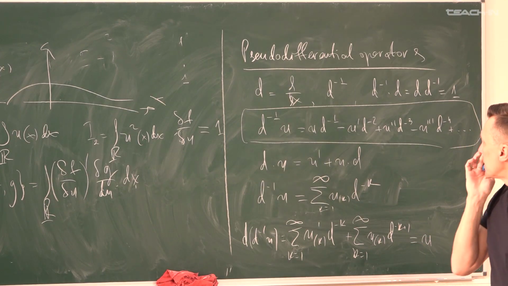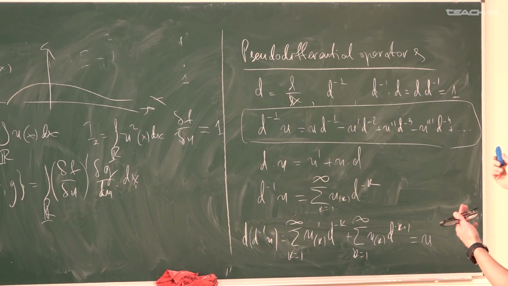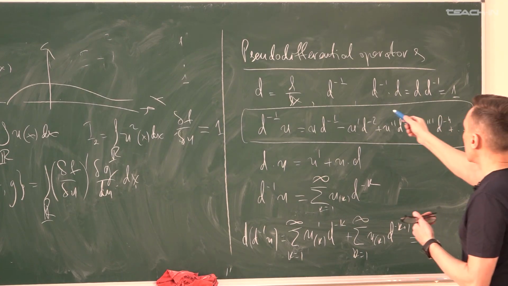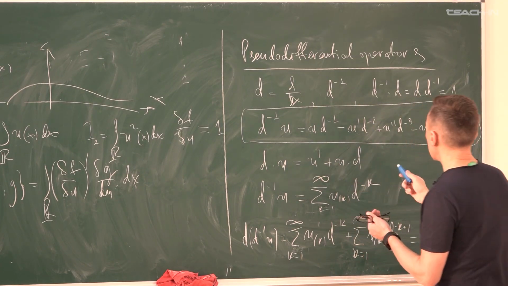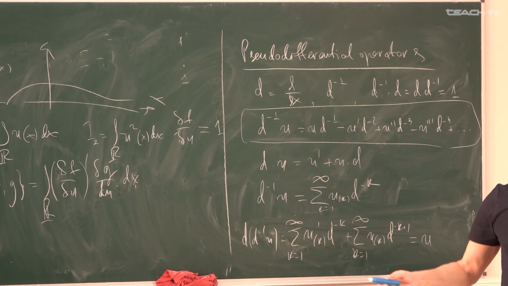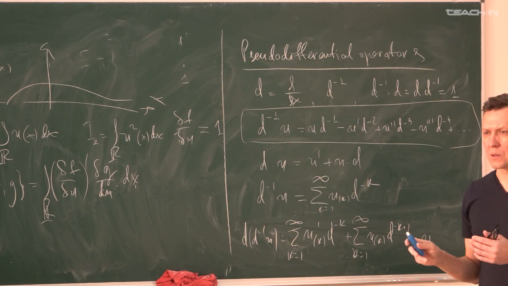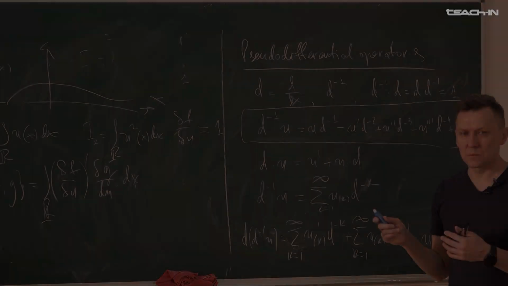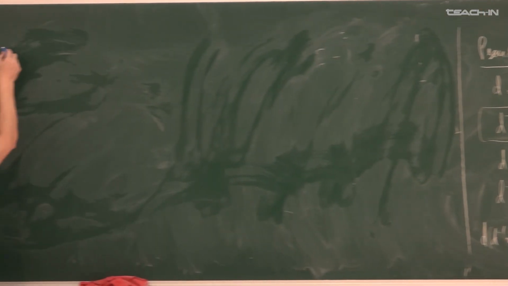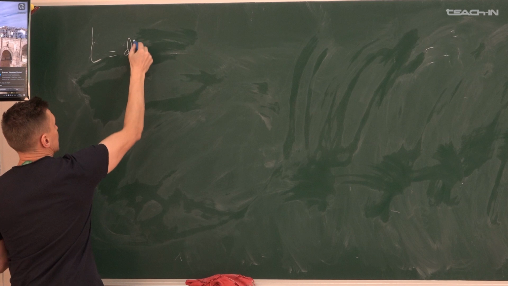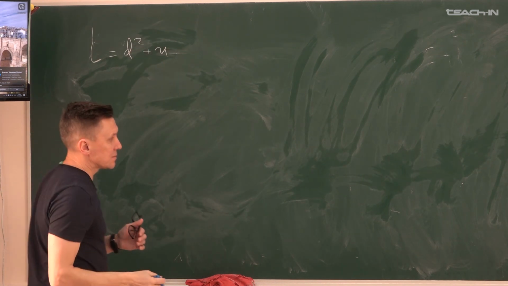So if we suppose such rules for commutation of the inverse operator with functions, we will get some consistent algebraic frame in which we can make calculations. So our initial operator is d square plus u.